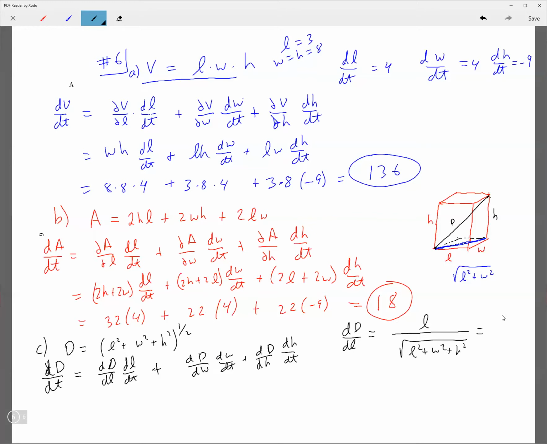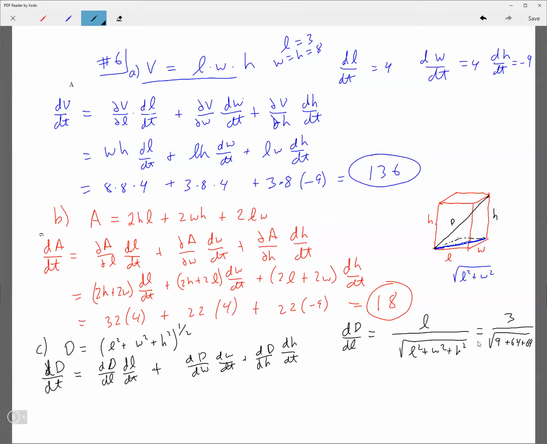Okay, so when we plug in, L is 3, right? And then down here, we're going to have L squared plus W squared plus H squared. So that's the square root of 9 plus 64 plus 64.